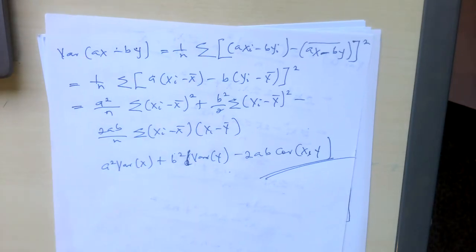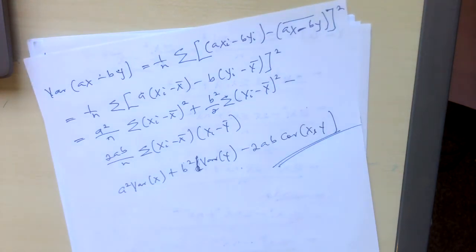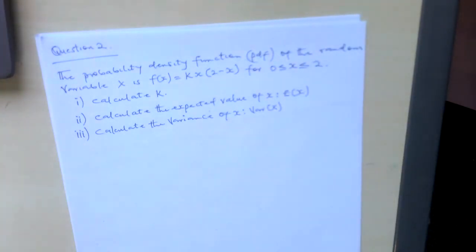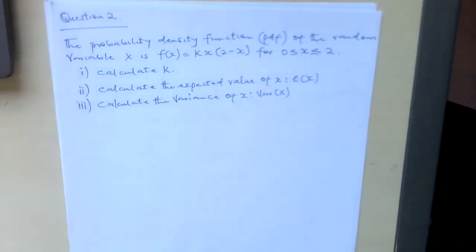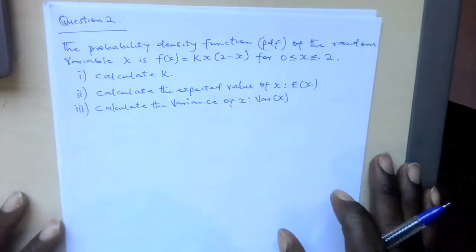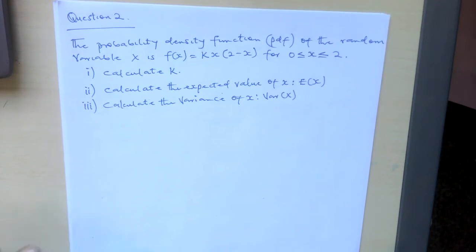Now let's go on now to question 2. Question 2. Let me show you question 2 before we move on. So question 2 is a continuous variable. I'm dealing with continuous variable here.